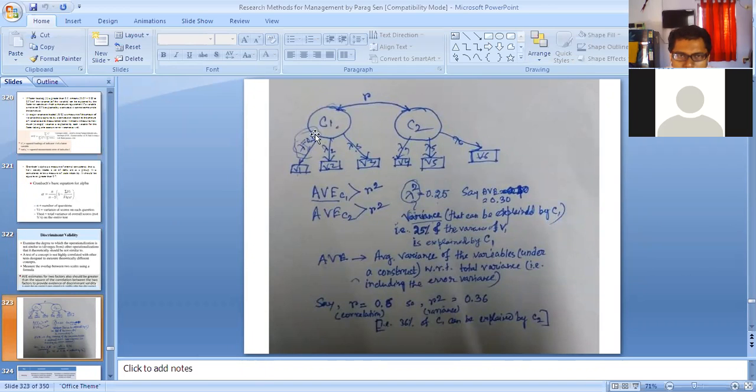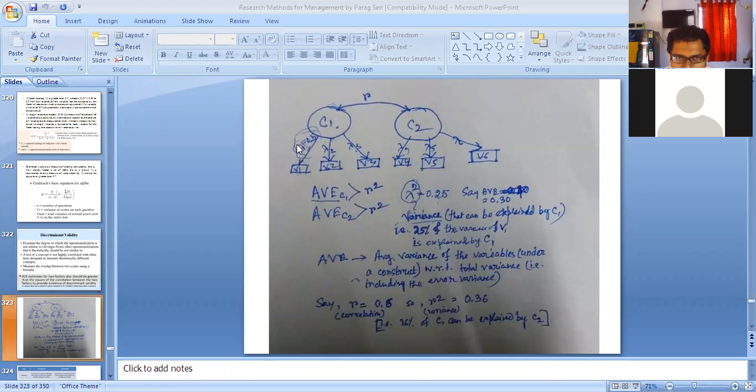Under C1 there are variables V1, V2, V3. Under C2 there are variables V4, V5, V6. This is the loading score lambda 1, lambda 2, lambda 3, and lambda 4, lambda 5, lambda 6, and they have a correlation of R. So how can we calculate the average variance extracted?